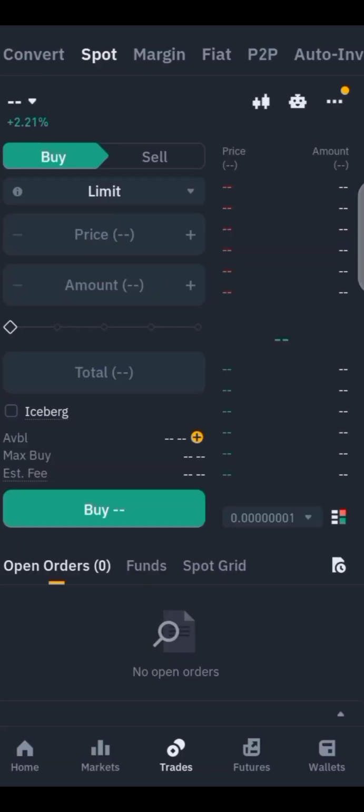Let's complete our analysis and see how much we will be making if we carry out a trade like that.